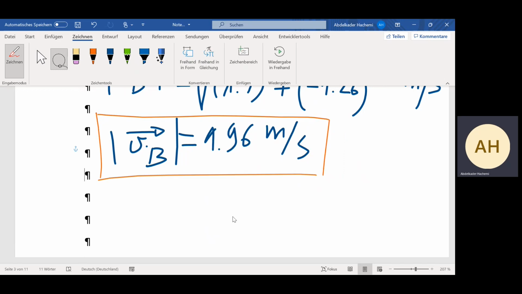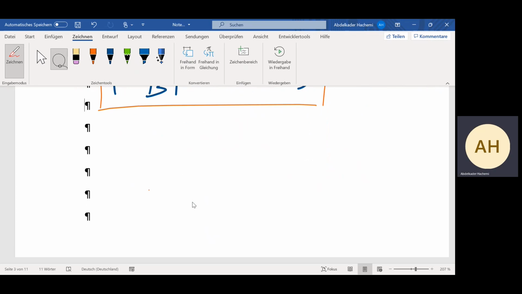This is what we get here. Now coming to the third and fourth question, to determine the acceleration of the point B, graphically and by calculation. Then we have here third, acceleration.